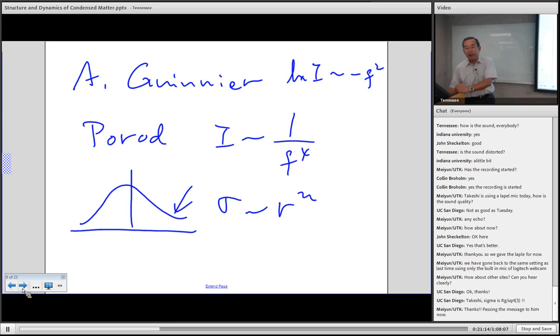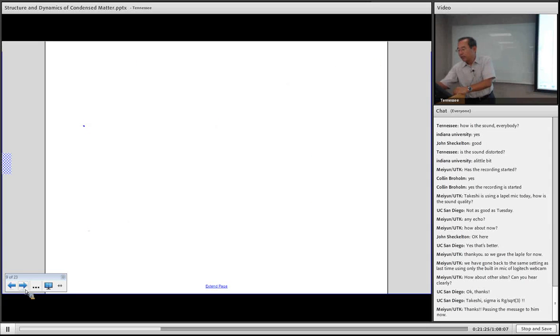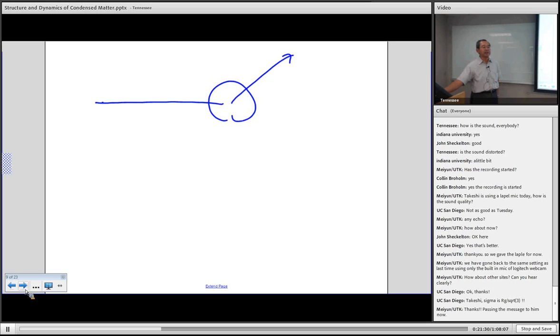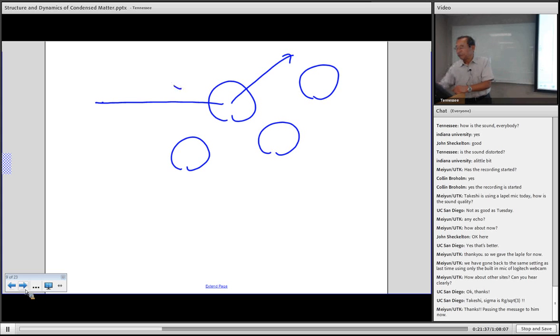Now, so far we have been talking about just a single colloid itself, which is fine if you have low density. So here's an X-ray, and here's a colloid, and then you get the small angle scattering. What happens if you have many colloids? High density, when the colloids are not completely uniformly distributed, but there is some kind of short range order. What do you think would happen?